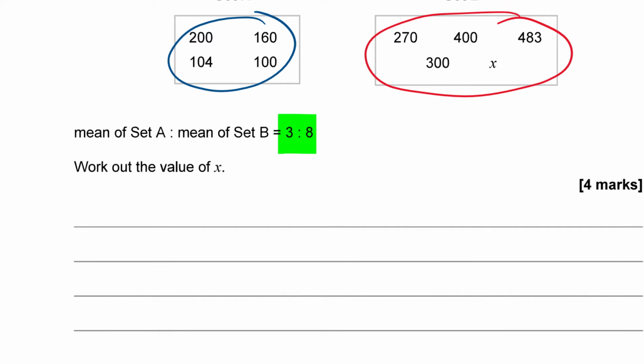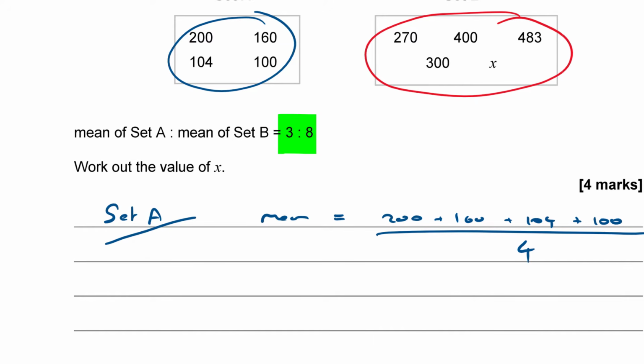Okay, so let's think about the first step I said then. So finding the mean of set A. So let's do that first. For set A, mean is equal to, well, how do you find the mean? You add all the numbers up and you divide by however many numbers you've got, which is 4.